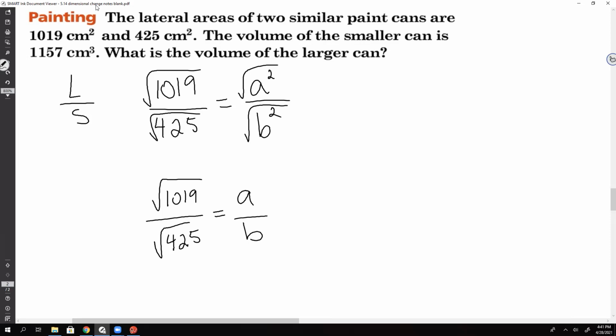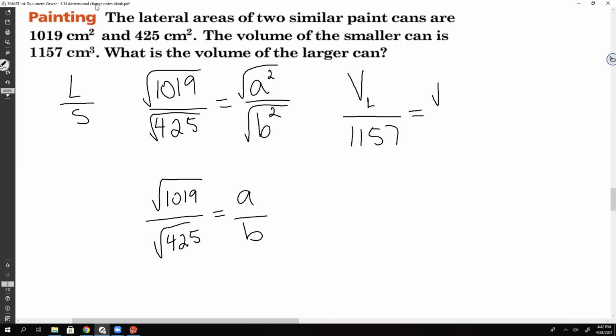So now we're going to take this ratio and use it to find the volume. And remember, we're doing large over small. They want to know the volume of the larger, and the volume of the small one they told us is 1157. Now remember, your volumes are going to be in a ratio of A cubed to B cubed.